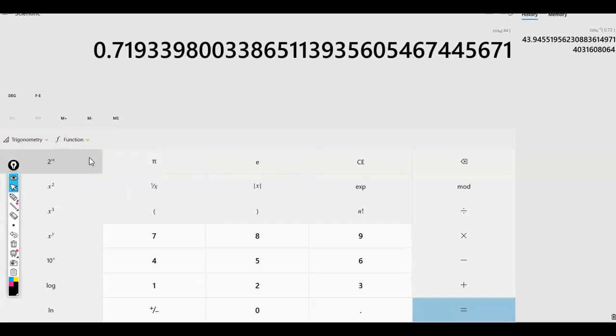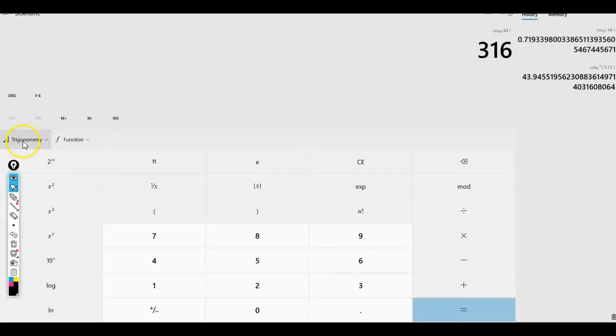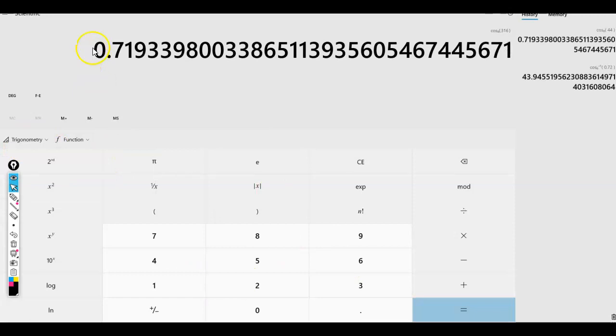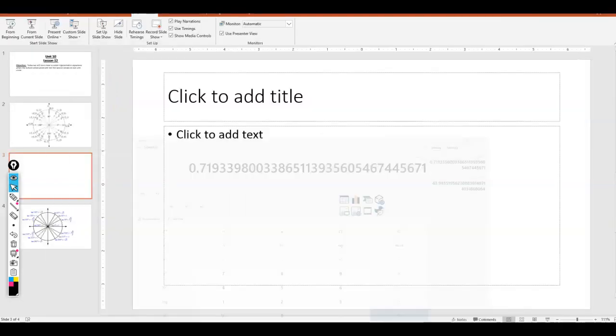Cosine of 44 degrees is about 0.72, right? And the other answer we got was 316. 316 cosine is also 0.72. So there you have it. You check your work by just plugging the answers that you got into the original equation and seeing if they give you the right answer. They should give you about 0.72.